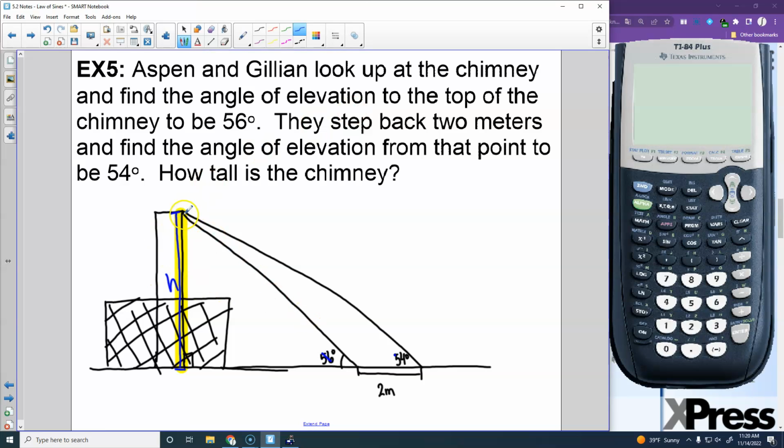If I look at this triangle right here, do I know any of the sides of this triangle? No. If I look at the bigger triangle, do I know any of the sides? No. I know this little piece right here is 2, but I don't know the length of this whole side right here. Nor can I find it unless Aileen unlocks the gate for us, right?